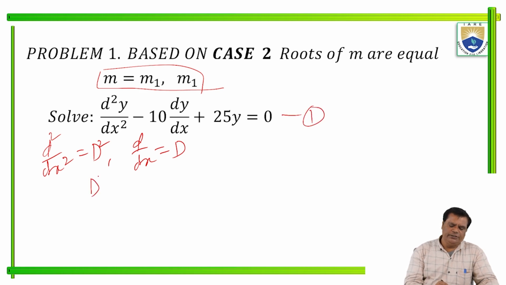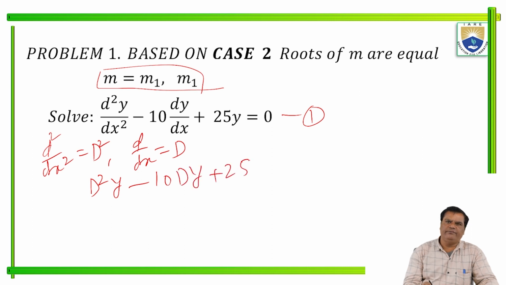So putting, D²y - 10Dy + 25y = 0. Y is common; take y on the right-hand side, not the left-hand side. If you take y on the left side, then you are wrong. So I am taking (D² - 10D + 25)y = 0.